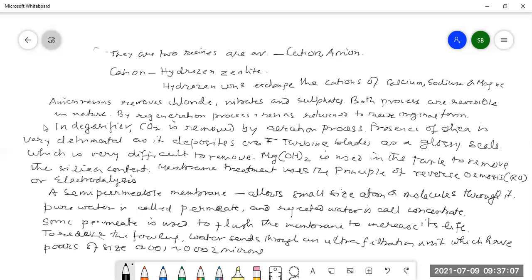Normally, 90% permeate pure water is obtained from this ultrafiltration UF unit.